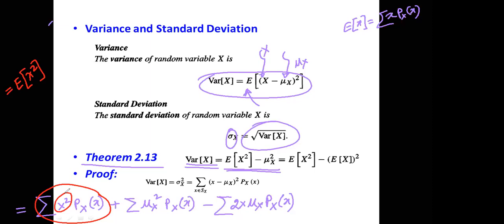Now look at this second portion, mu x square. What is mu x? Mu x is the mean value of the random variable x. Now this mean value is a fixed value. Do you agree? Okay.